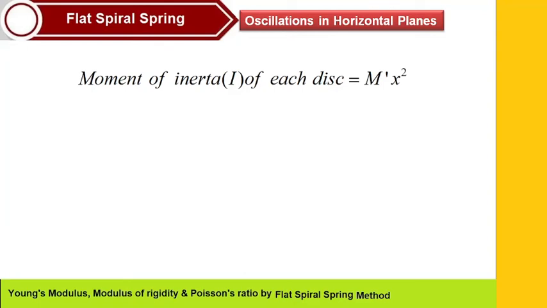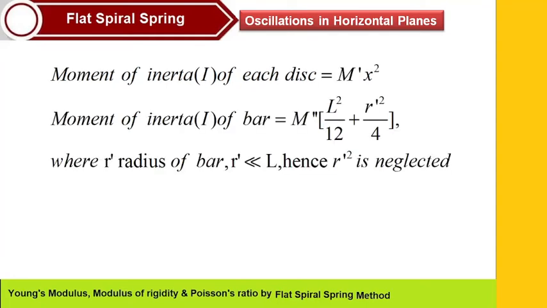Moment of inertia of each of these is equal to m dash x square. Moment of inertia of a bar is equal to m double dash into bracket capital L square divided by 12 plus small r dash square divided by 4, where small r dash is the radius of the bar and it is very small as compared to capital L, that is the length of the bar.